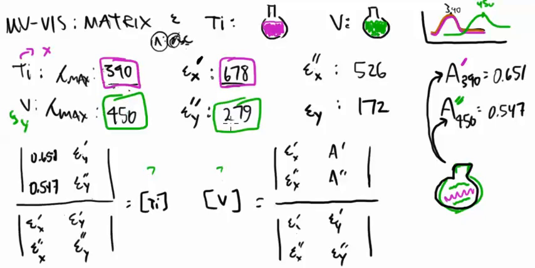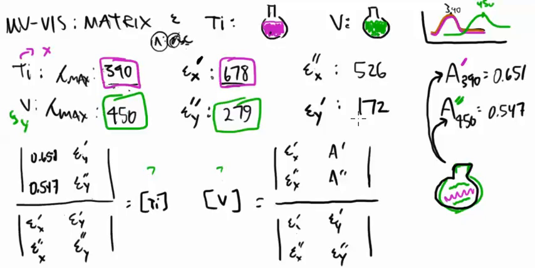That's where this molar absorptivity is coming from. But because there are two components, I then have to take the vanadium standard and run it at the titanium wavelength. I have to do both. That's where the 172 is coming from. Because this was run at titanium's wavelength, which is 390, that was my prime. That means this is E prime Y.